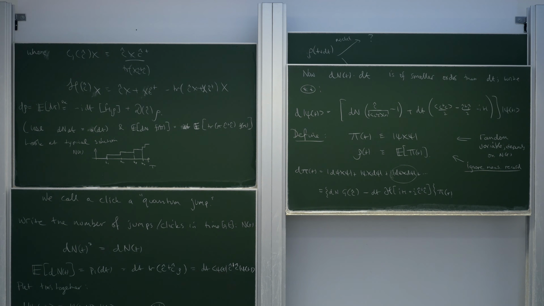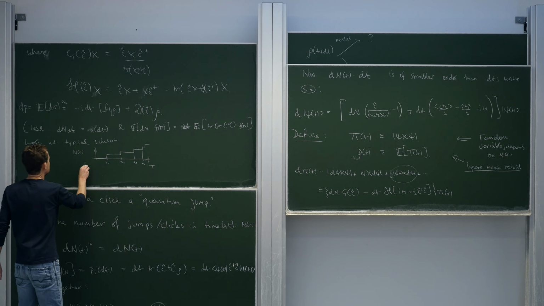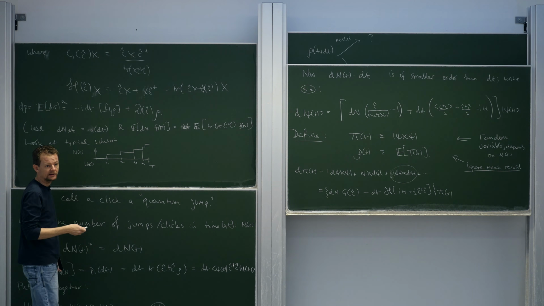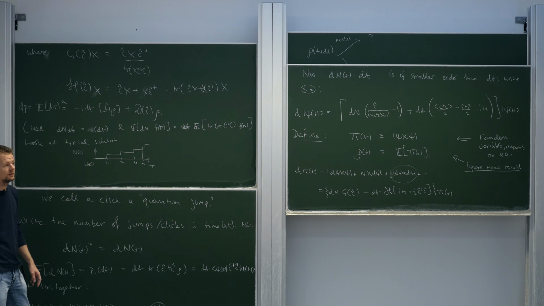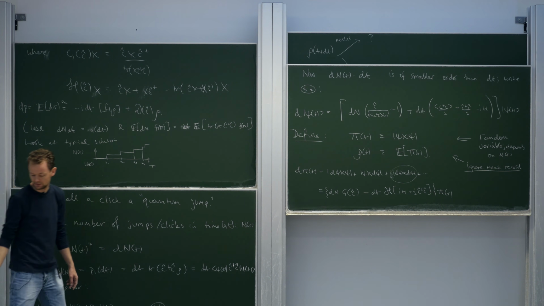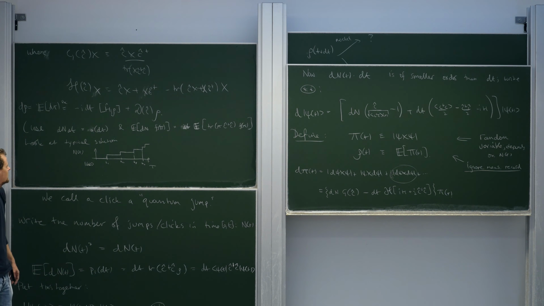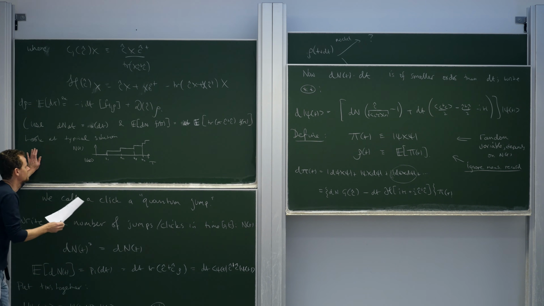And you can ask the question, what can we infer about the system evolution? Well, if it started off in a pure state psi 0 at time 0, between the clicks, it's just evolving according to this funny operator down here.